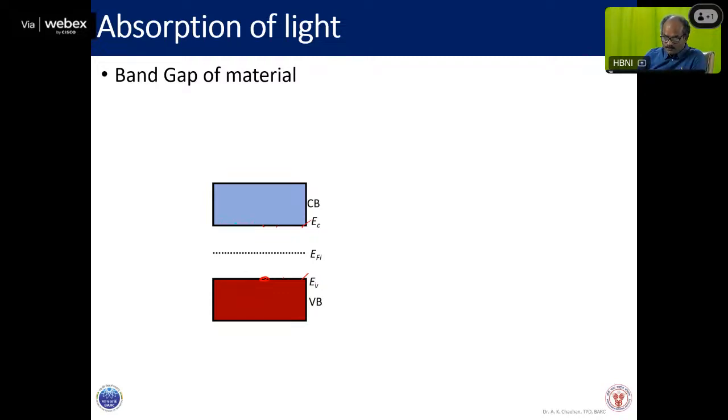Okay, one is band gap. Suppose you have a material of very low band gap. In that case, the majority of the light will be absorbed, but whether you will absorb all the light which has more energy than this, that also is not possible. It depends on the thickness also.